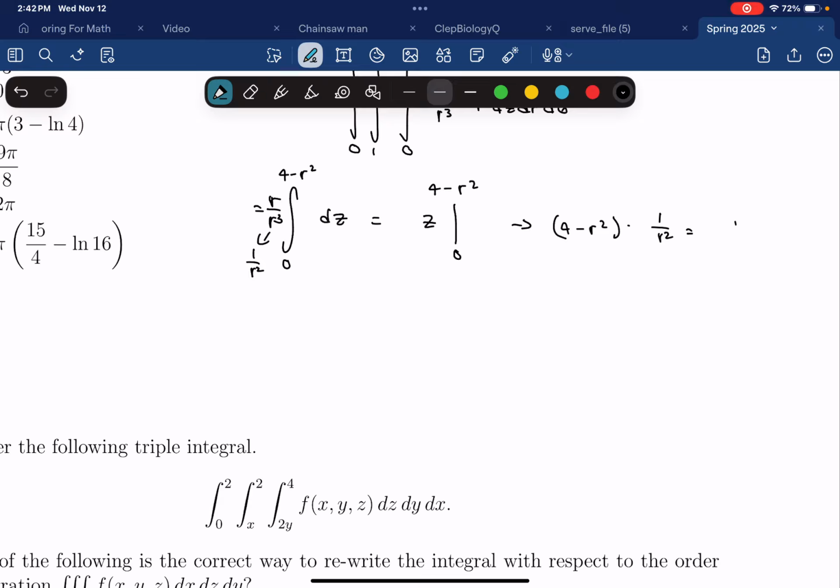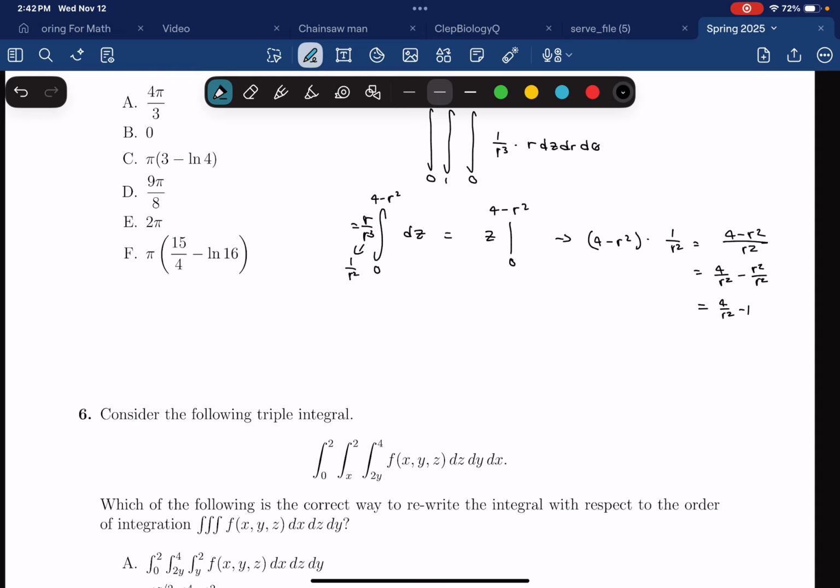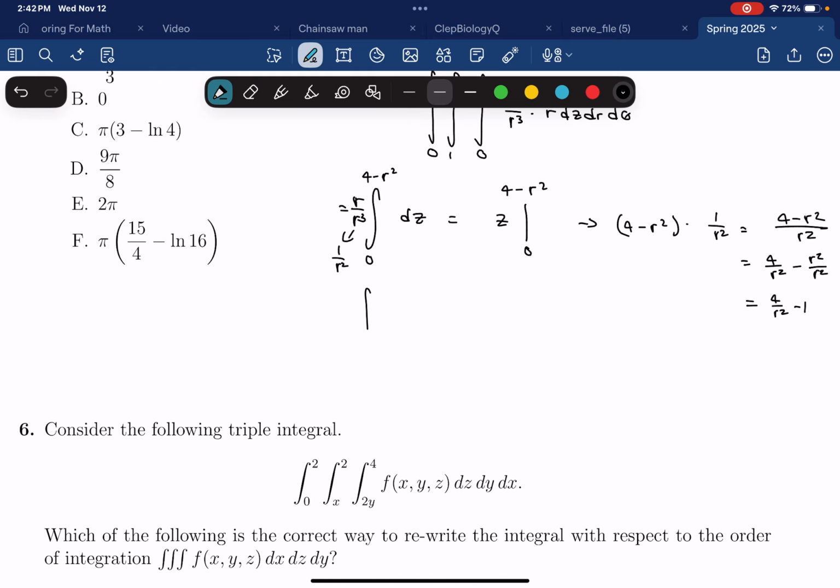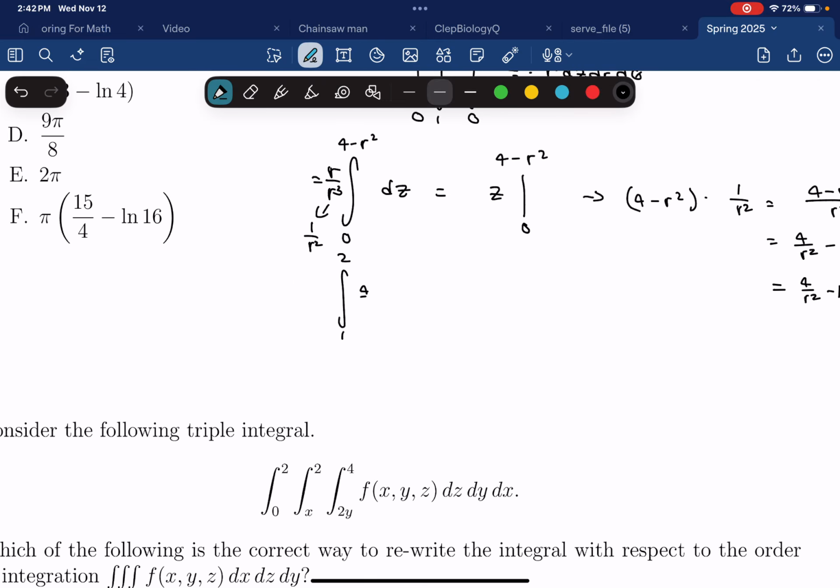We get 4 minus r squared over r squared, which I'm going to split up into 4 over r squared minus r squared over r squared, which just gets us 4 over r squared minus 1.